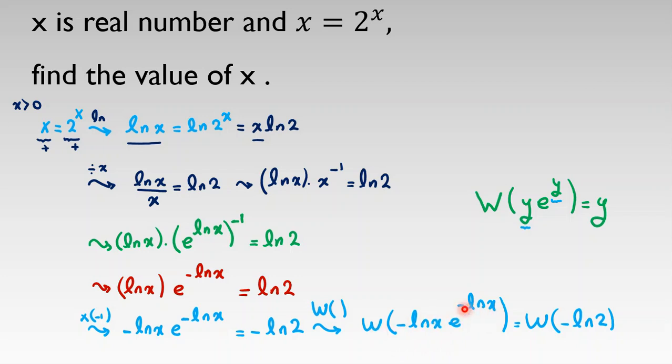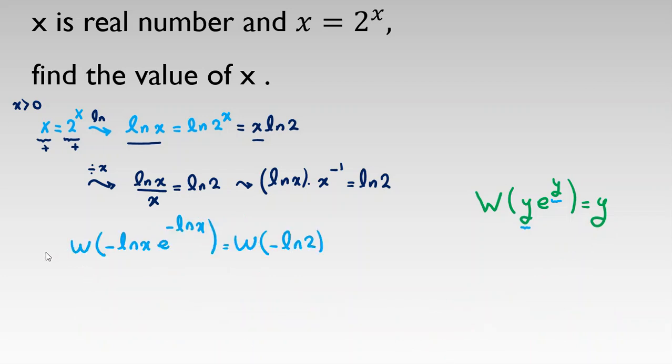So if we take W, it should be y, which is negative ln of x. And here we have W of this. So by definition of W, it will be negative ln of x equals W of negative ln of 2.